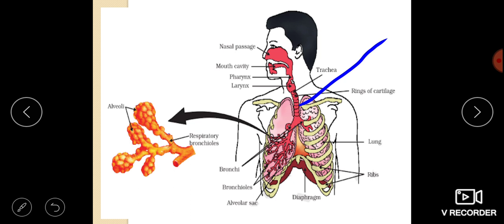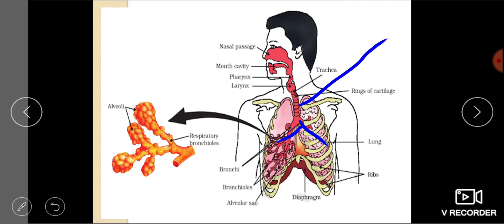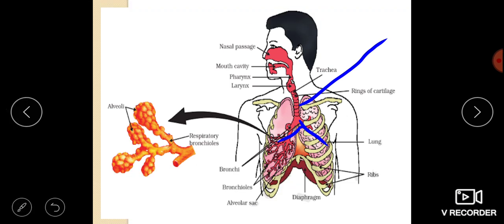Now this trachea branches into two parts which are called the bronchi, and each bronchus moves into the lungs, the left lung and the right lung. Remember the left lung now. This one is the left lung and this one is the right lung.